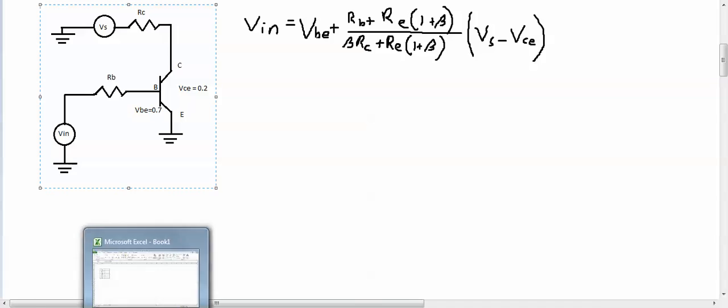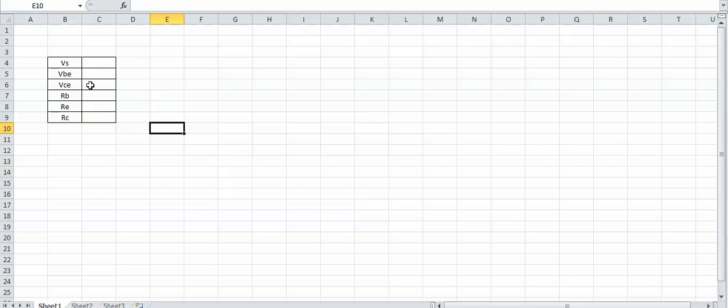We're going to go to Excel here, and we're going to set the voltage source to be at 5 volts, and the resistance at the base to be 500 ohms. The resistance at the emitter is going to be 0 because there is no resistor.